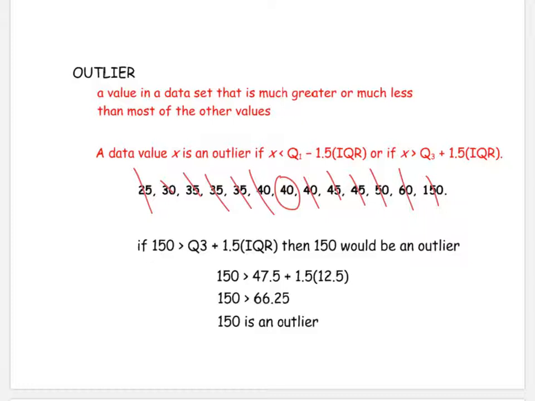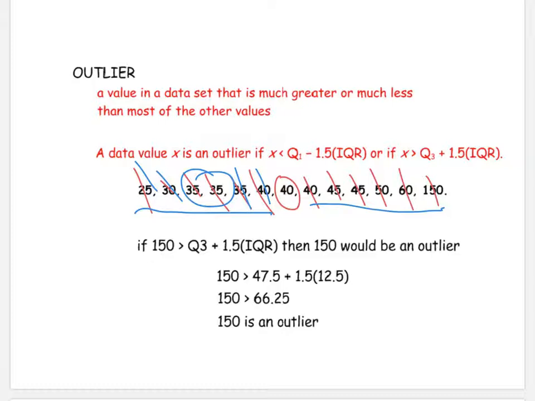Then, if you recall, to find the interquartile range, you have to find quartile 1, which is the median of the smaller half of data, and quartile 3, which is the median of the upper half of data. So to find the median of each side, remember you're taking the value from the small end and the big end and crossing them out until you find the number that's in the middle. In this case, our numbers in the middle are 35.